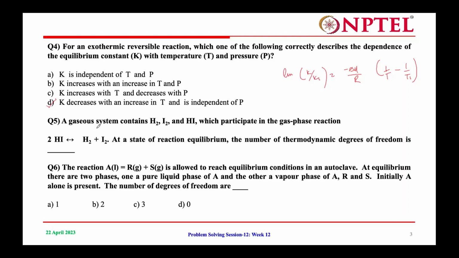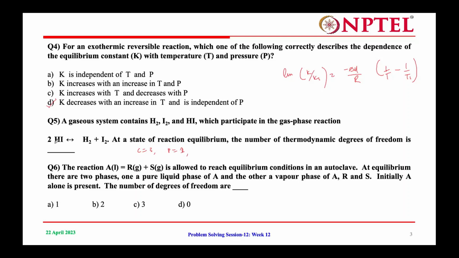Question 5. A gaseous system contains H2, I2 and HI which participate in the gas phase reaction: twice HI gives H2 plus I2. This is a reversible reaction. At a state of reaction equilibrium, the number of thermodynamic degrees of freedom. So here given, the number of components is 3 and the number of phases is 1, right?